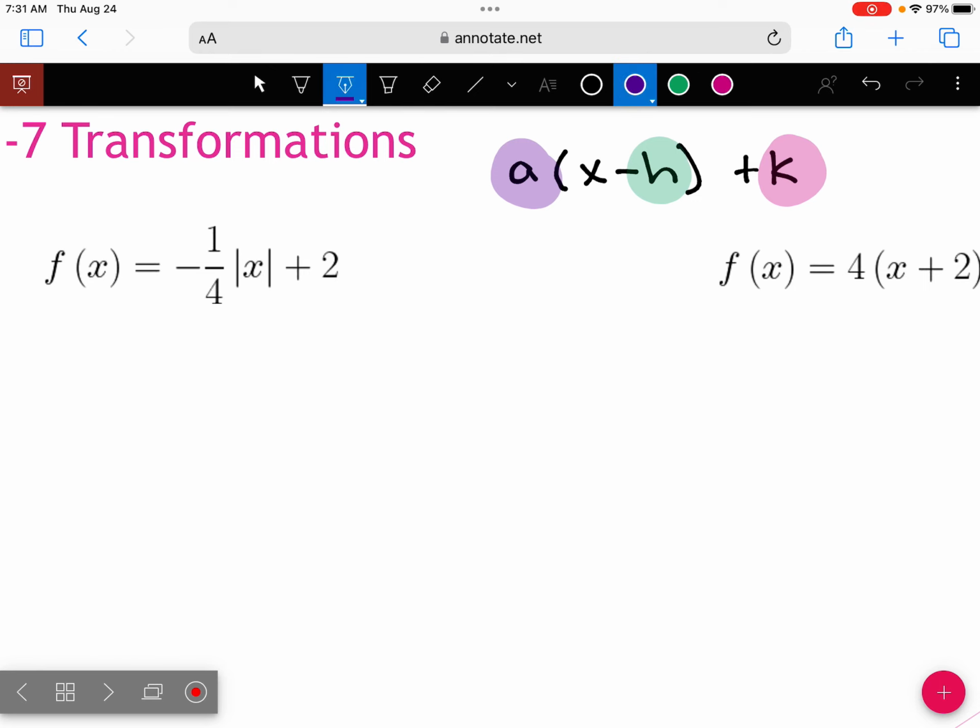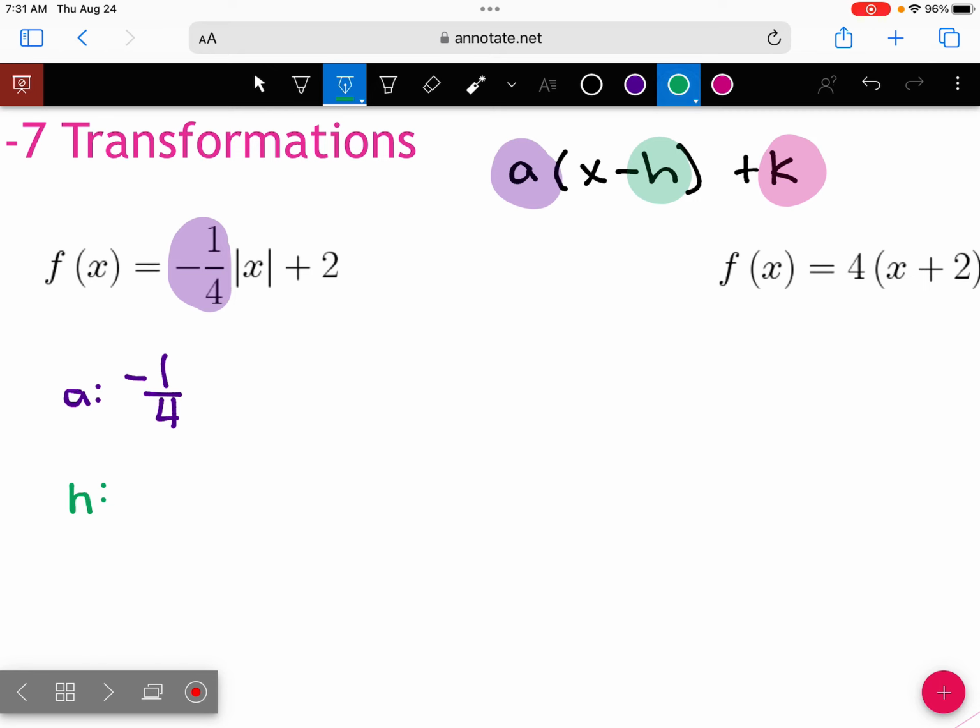All right, so what is my A on this one over here? Negative 1/4. It's this guy out front. What is my H? What is inside with the X? 0.